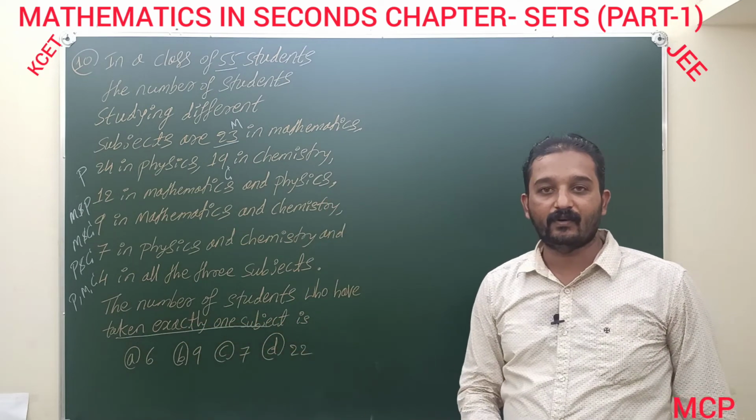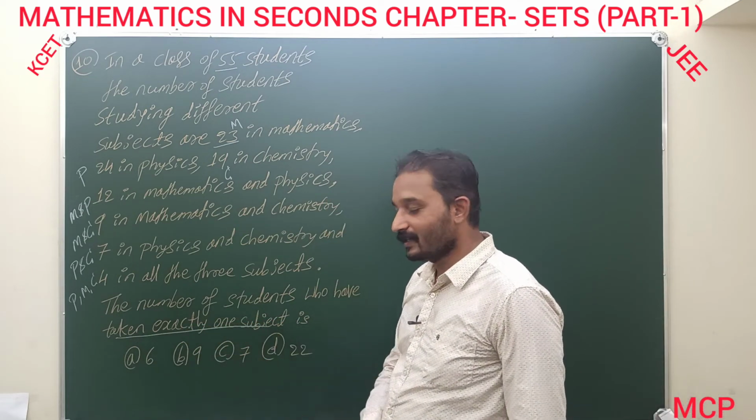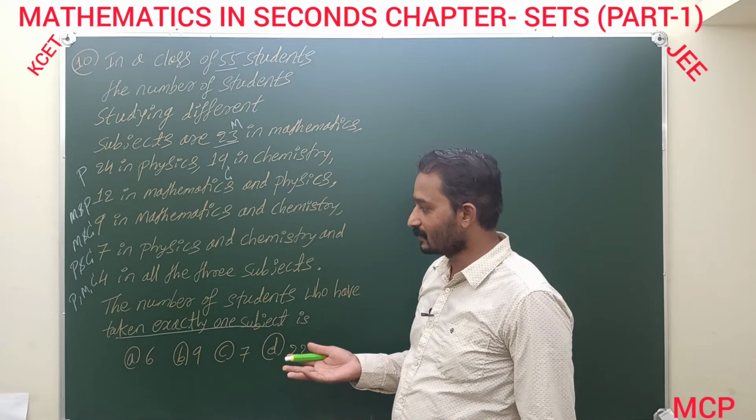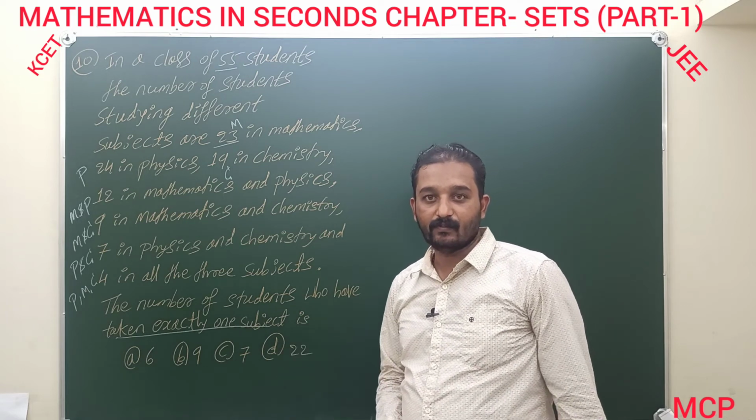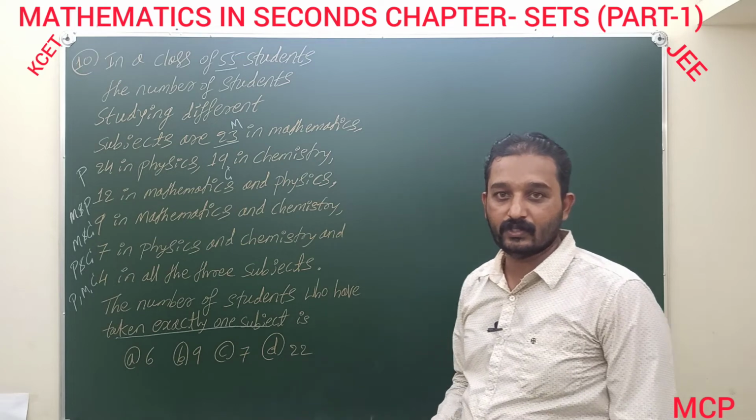So using the formula for exactly one set among 3, using this formula directly we can find the answer of this question.